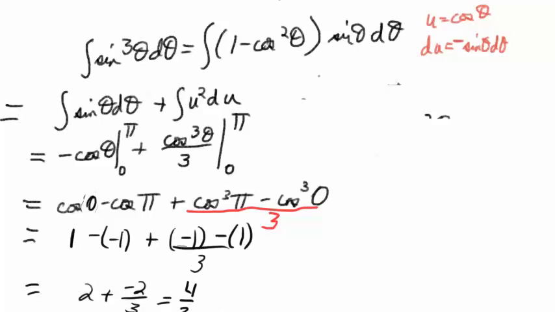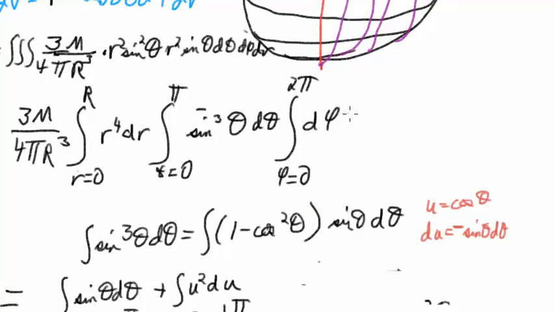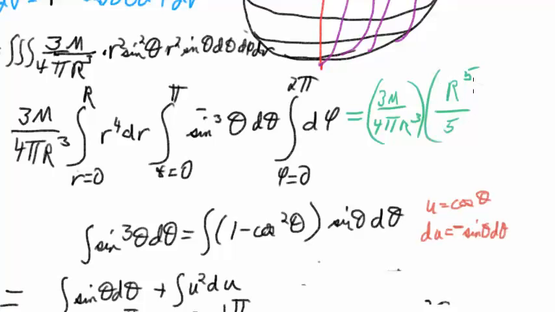So now we can finish this as 3m over 4 pi r cubed, times the integral of r to the fourth, which is r to the fifth over 5. The integral of sine cubed we just discussed was 4/3. And the integral of phi from 0 to 2 pi is 2 pi.